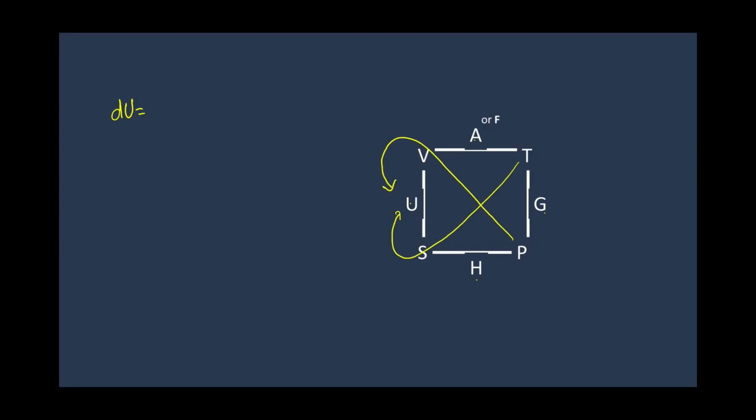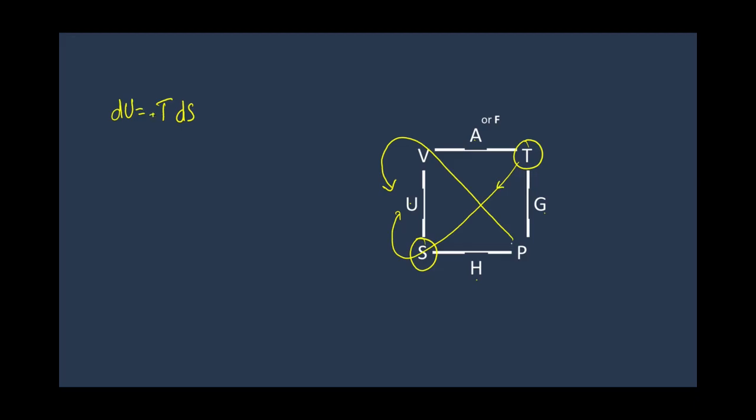So dU is equal to, then we have to start from any side, you can start. So let's start from here: T dS, T and the derivative of S, and since it is going down it was positive.